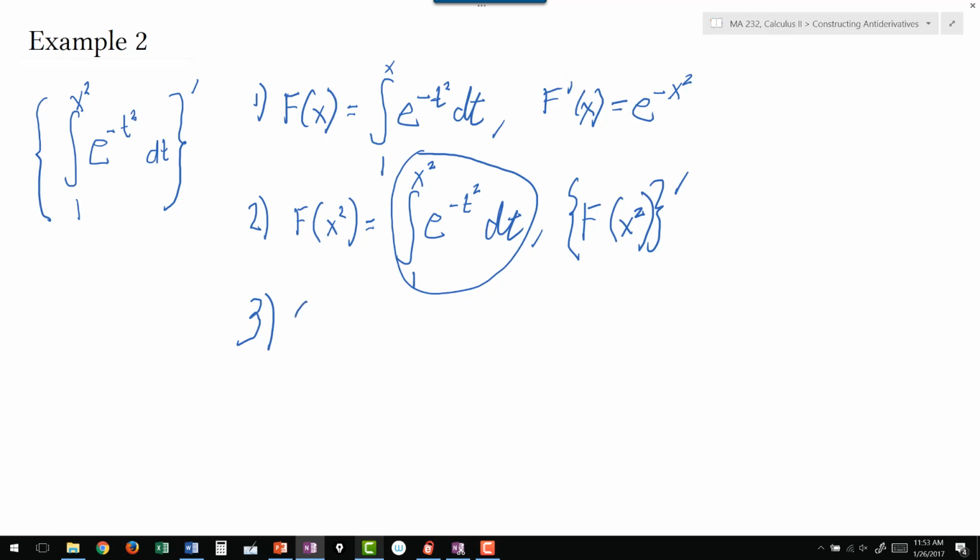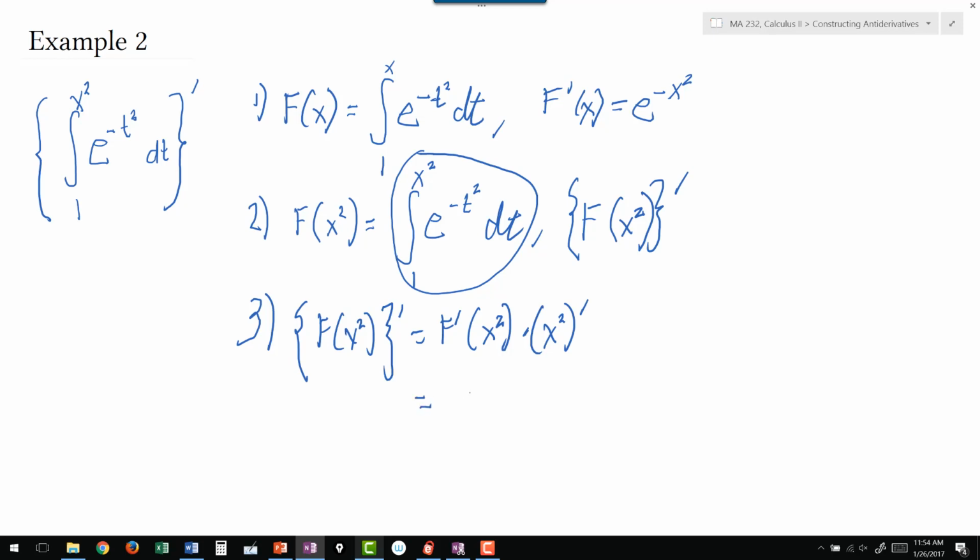So the derivative of the composition capital F of x squared is the derivative of the outside function evaluated at the inside times the derivative of the inside function.